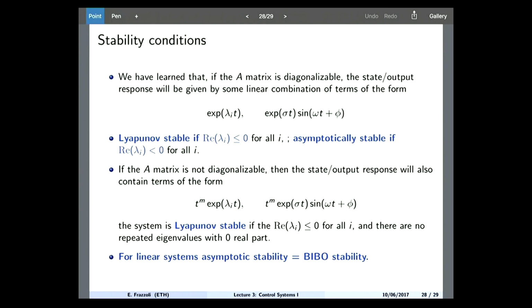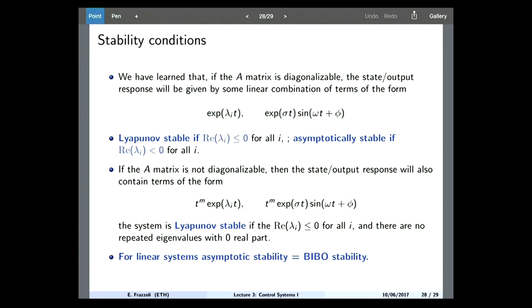So if you have a system that is not diagonalizable, that is, if you have repeated eigenvalues in the Jordan form, then in order for it to be Lyapunov stable, all the eigenvalues must have non-positive real part, and there must not be any repeated eigenvalues with 0 real part.